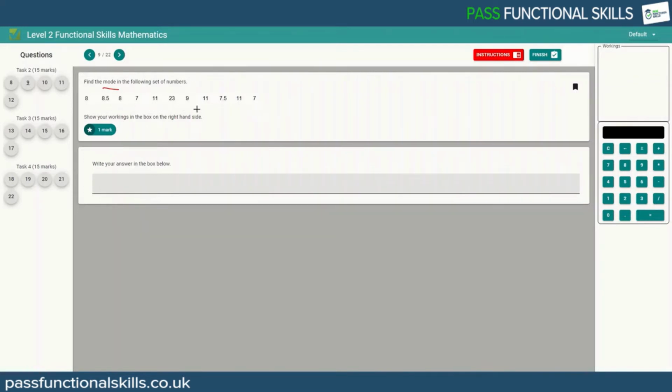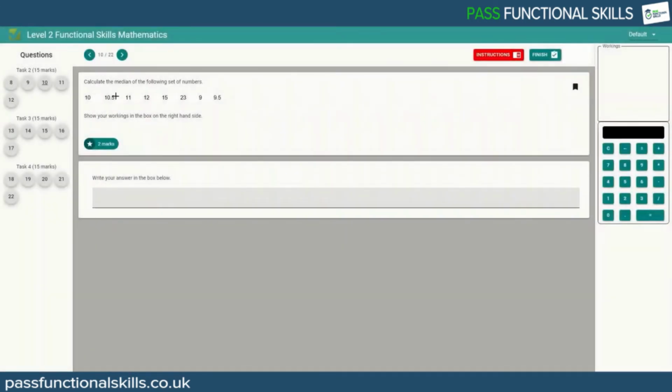Scanning through, we can see that 8 appears twice, 7 appears twice, 8.5 only appears once, 23 once, 9 only once, and 7.5 only once, and we're left with looking at 11, which appears 3 times. So the modal value is the most common value in the set of data, which in this instance is simply 11.